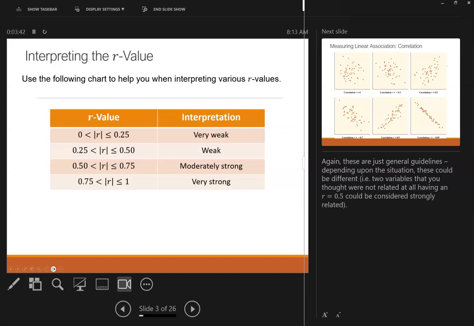And then 0.75 to 1, very strong. So this is just a way to help classify what we're seeing with our eyes. And the thing that's tough is seeing something like 0.49 versus 0.6. Seeing the difference of that with your eyes, good luck with that. The stuff very close to 1 or very close to 0 is obvious. The stuff in the middle here is tough.